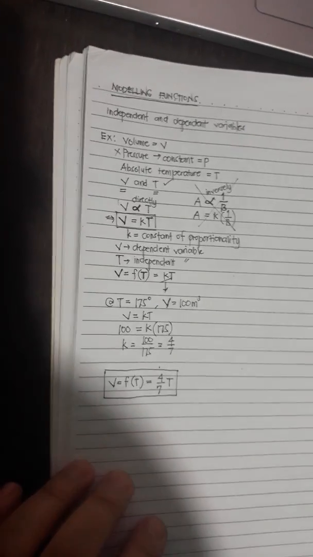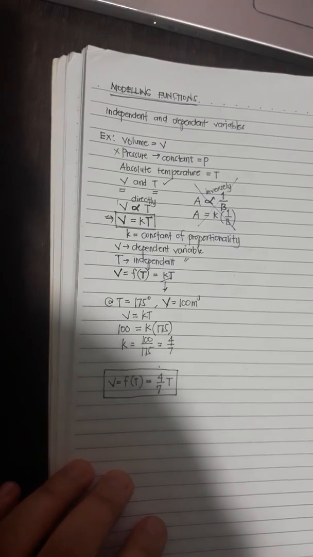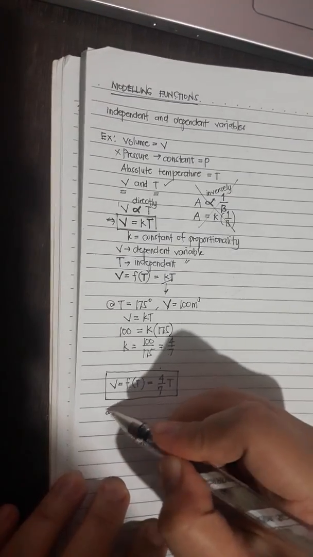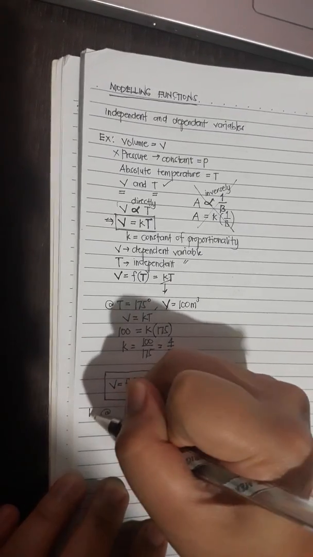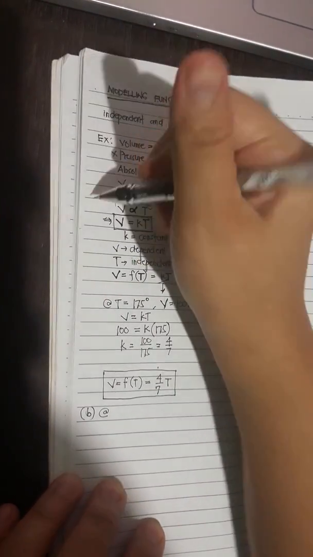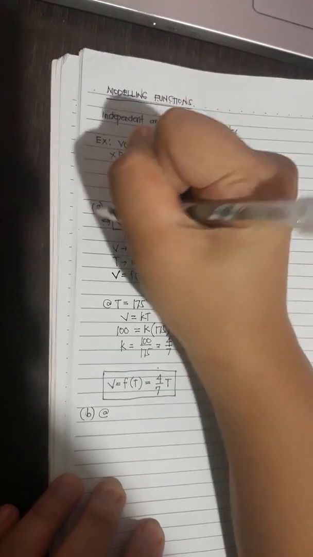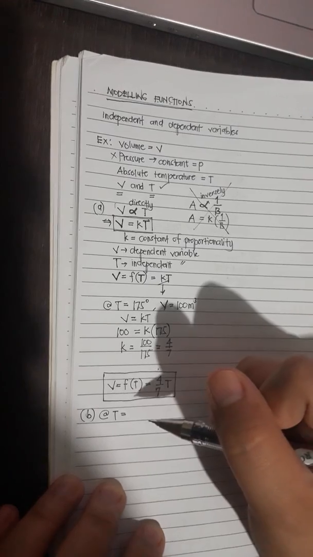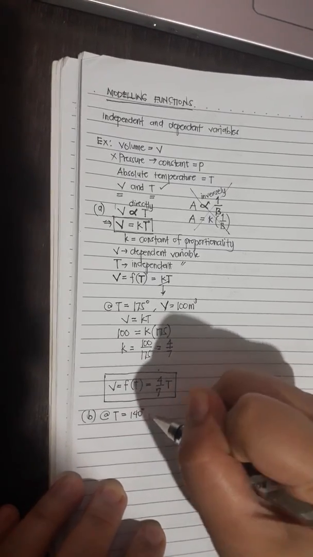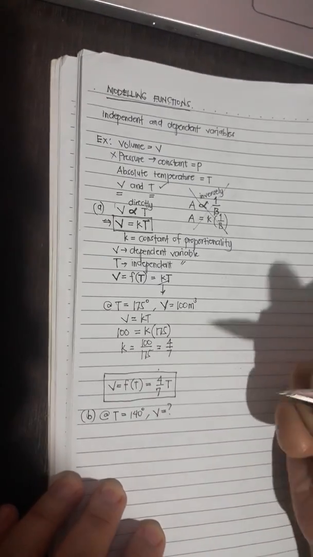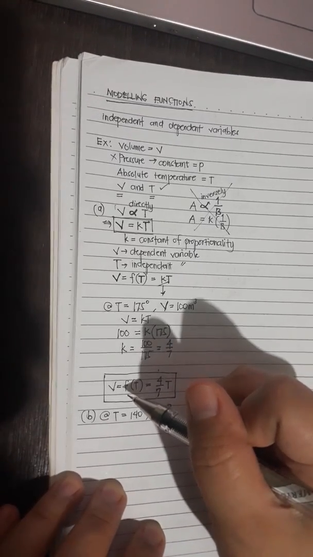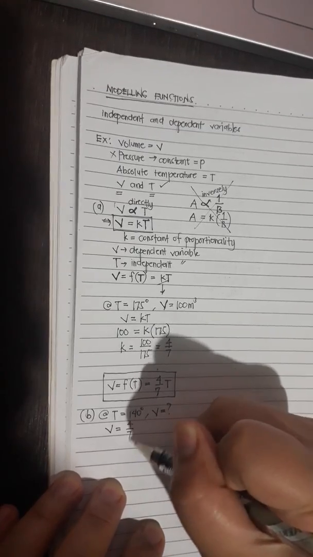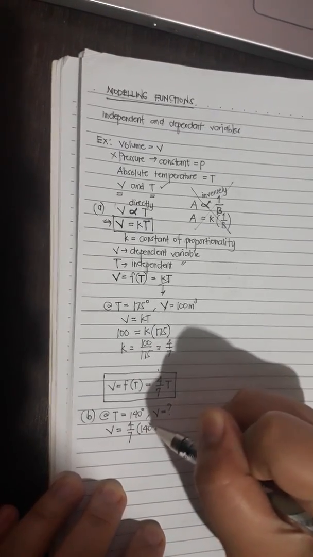Okay, now the next question is, what is the volume of the gas at a temperature of, okay, so this is B, this is A, at a certain temperature 140 degrees, the volume is being asked, so we could just easily use the modeled function. So our volume therefore is equal to 4 over 7 times T, which is 140.